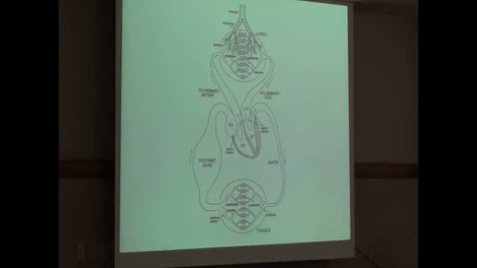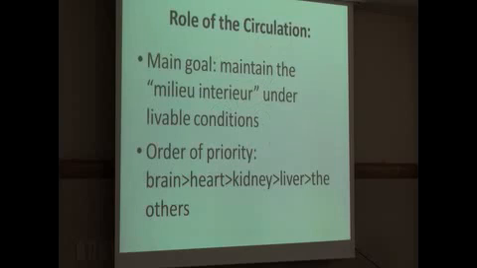Ultimately, this serves to keep the milieu intérieur under livable conditions, and please remember this order of priority. But also remember that in the regulation, things interact and interfere, and that there again there is an order of priority. I should have here one more paragraph saying, in terms of reflex regulation, bang, bang, bang, this is the order of priority. I have to add that for next week.